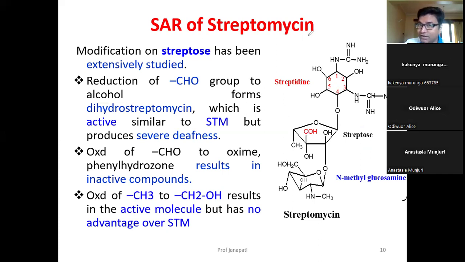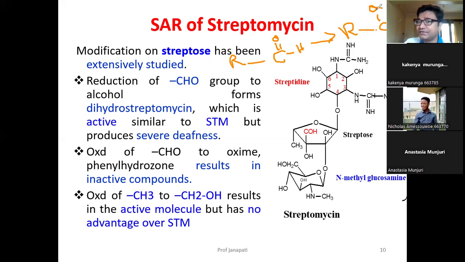When you reduce an aldehyde group, you get an alcohol portion. Aldehydes on reduction give alcohols. Reduction means addition of hydrogens.